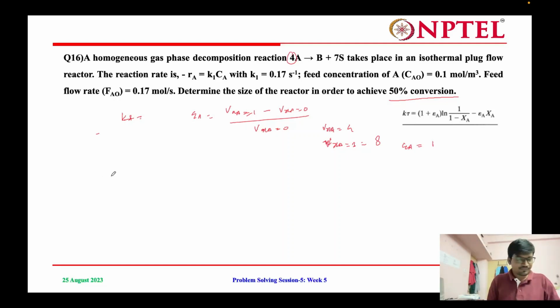Now, tau equal to 1 by k, (1 plus epsilon A) ln 1 by (1 minus XA) minus epsilon A XA.